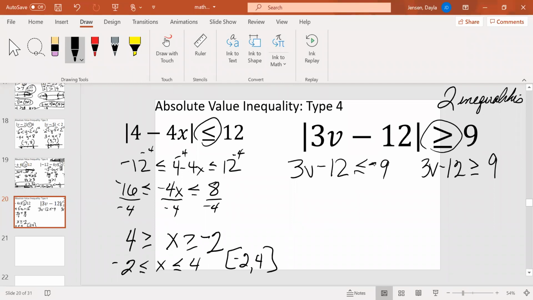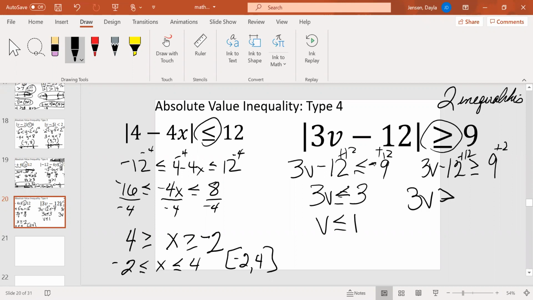So now I solve. Plus 12, plus 12. So 3v is less than or equal to 3. Now I'm not dividing by a negative, so I'm going to leave the sign alone. v is less than or equal to 1. And over here, add 12, 3v is greater than or equal to 21. So v is greater than or equal to 7.